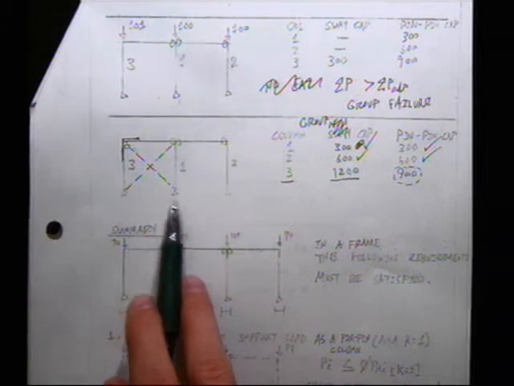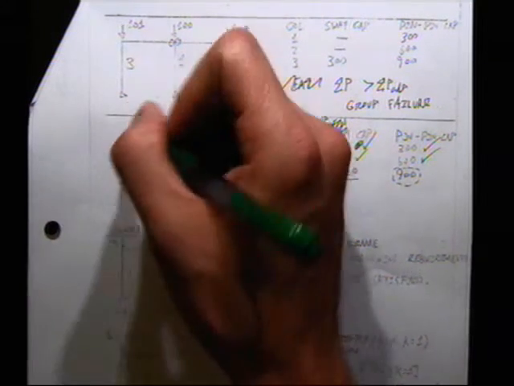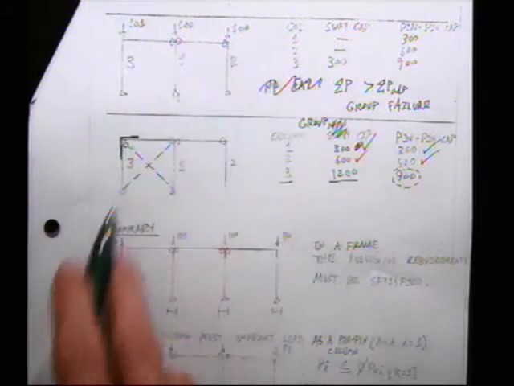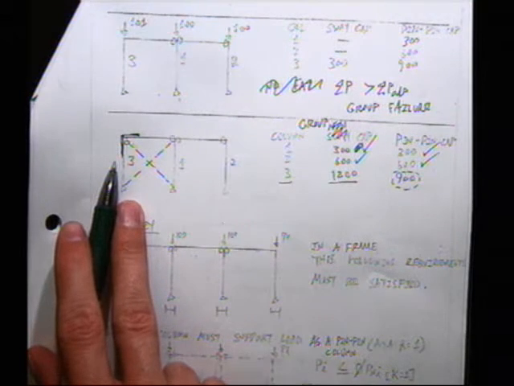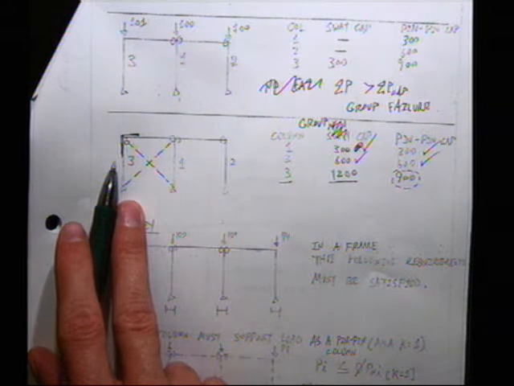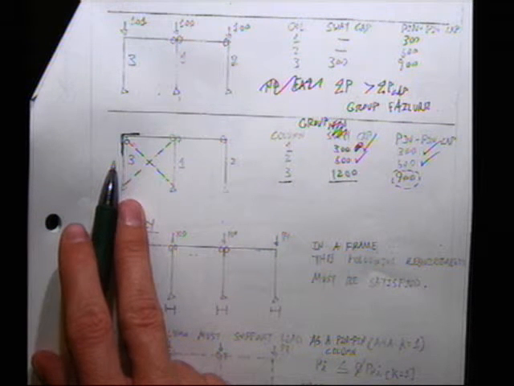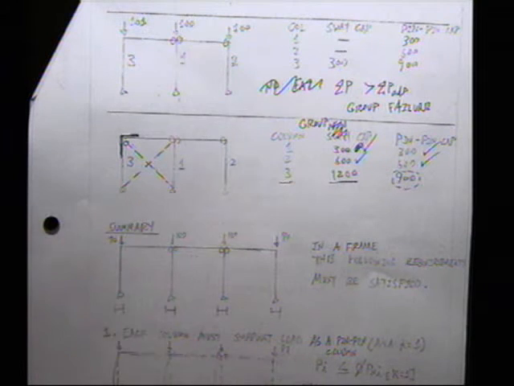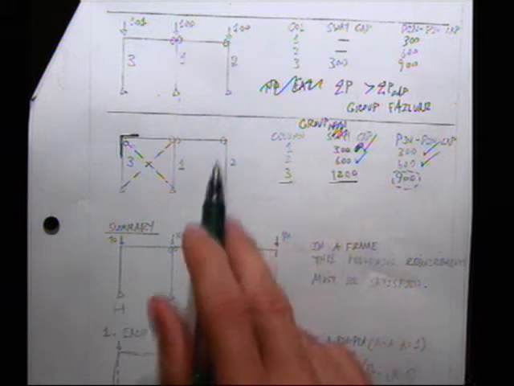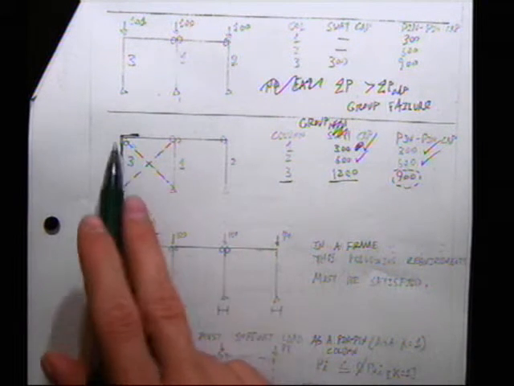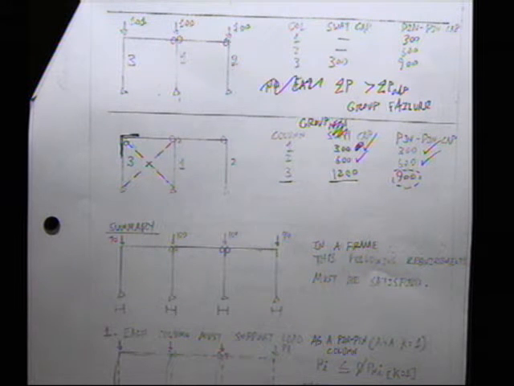In non-sway frames, if I have something like a moment connection, I'm not sure why you would ever do this in real life. You would make everything pins everywhere. But if you're analyzing a structure where this is the case, it's possible to look at these as individual pin-pin capacities, and then it's possible to have a group capacity as well. Okay? That's possible to do.